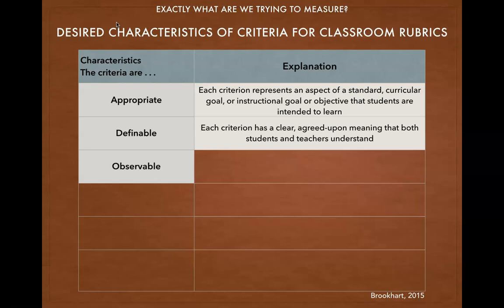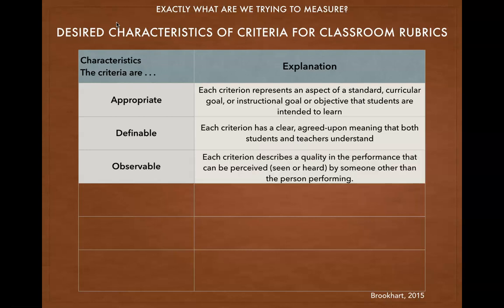So each criterion describes a quality in the performance that can be perceived. Typically that would be either seen or heard by someone other than the person performing. Typically it would be you as the teacher, but maybe you're doing a peer review, so their fellow students need to be able to see or hear their performing of whatever you're looking for within your rubric. The criteria need to show that.